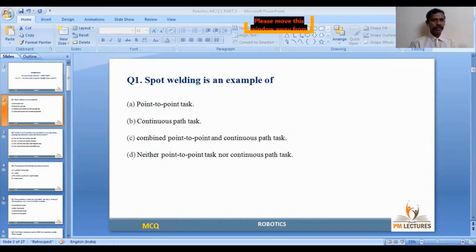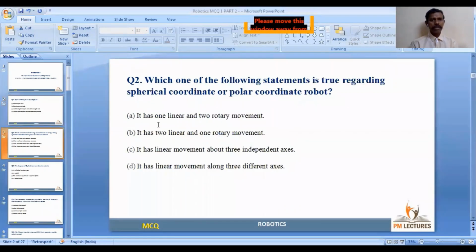Next question. Which one of the following statements is true regarding spherical coordinate or polar coordinate robot? Option A, it has one linear and two rotary movement. Option B, it has two linear and one rotary movement. Option C, it has linear movement about three independent axes.